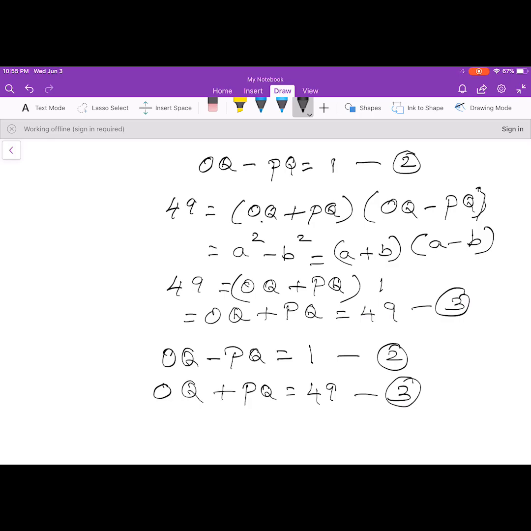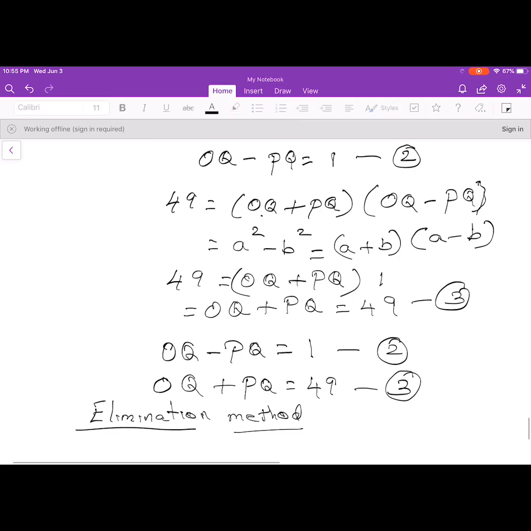I am using the elimination method, but for your convenience you can use any method for the solution.